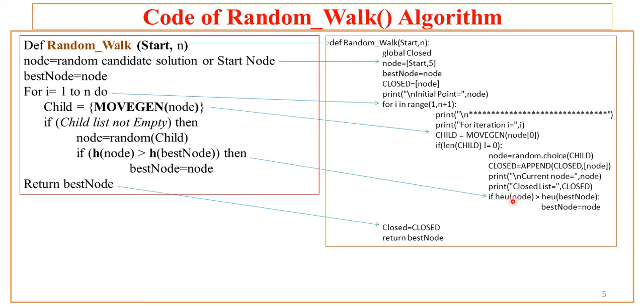That heuristic function is used here to check the heuristic of node and the best node, and if the heuristic of node is better than the best node, then the best node is modified, and this best node is returned after all the iterations of the for loop. So this way the coding of the random walk is done. It is very simple and straightforward coding. Hope you understood this.